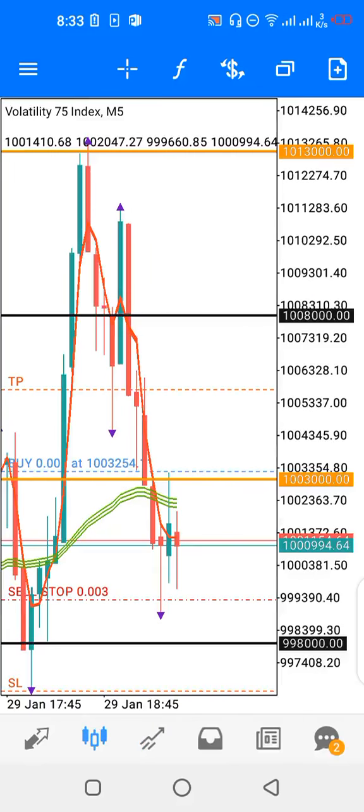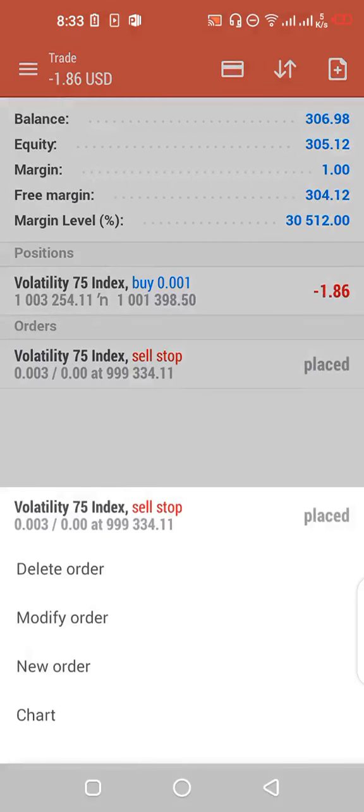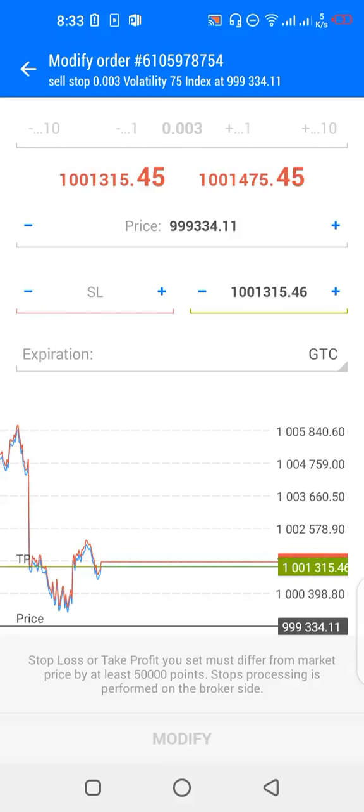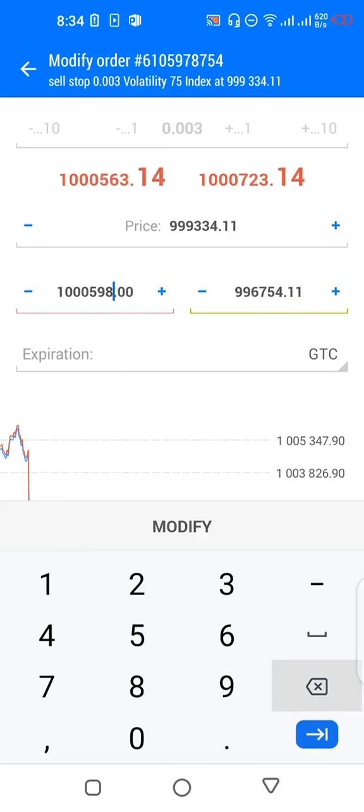All right. Now for the sell stop, I have to set the take profit and stop loss. For the sell stop, the take profit is 996,754.11, and the stop loss is 1005954.11.